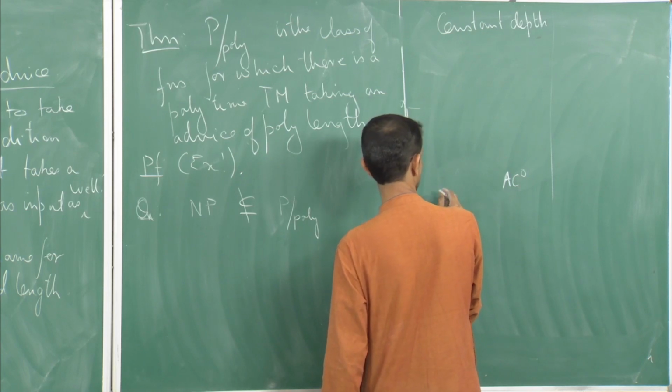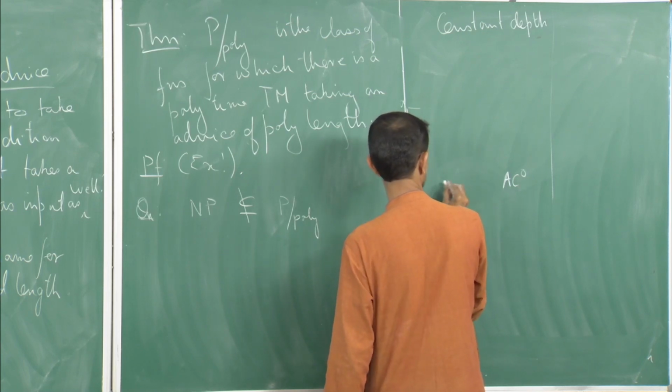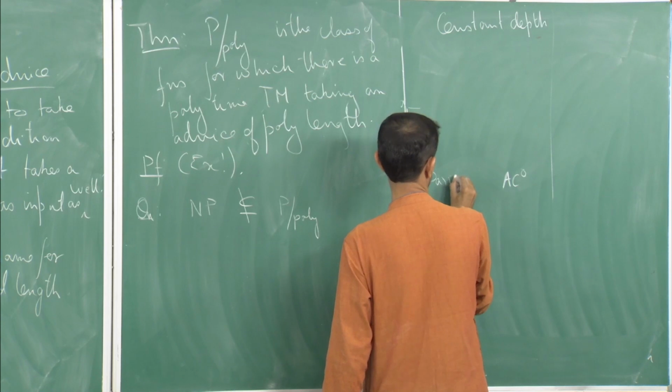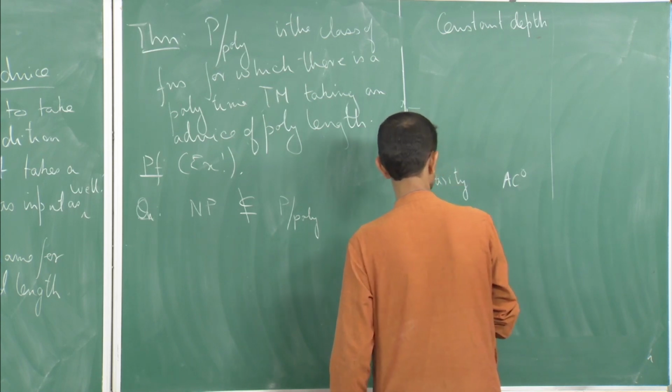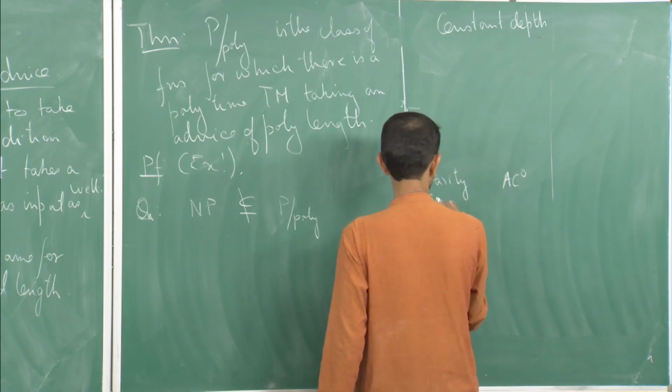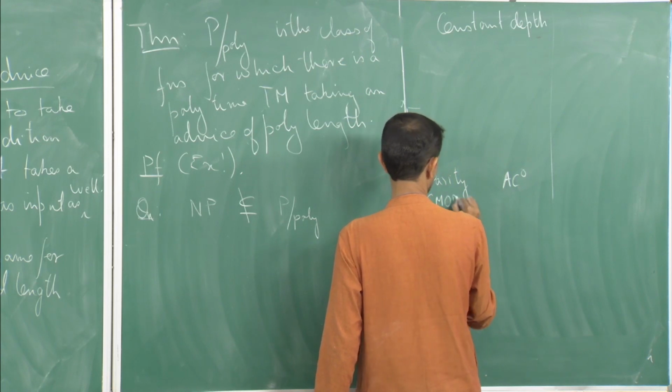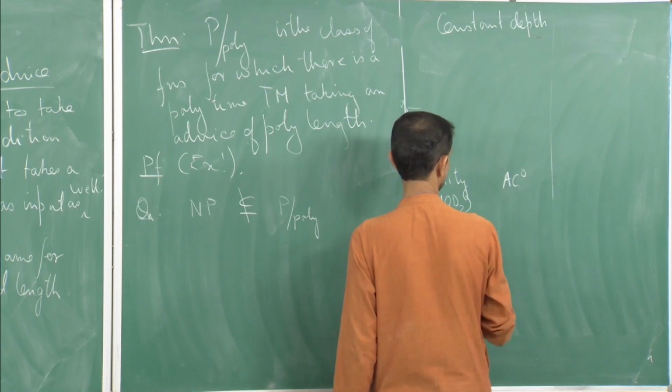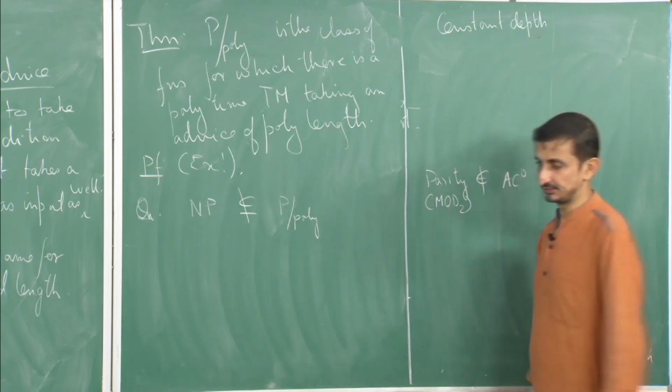First it was shown by FSS that the parity function, or I can also call it the mod 2 function, is not in AC0, okay.